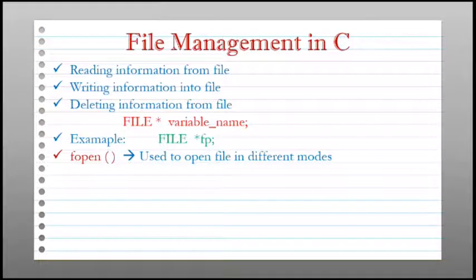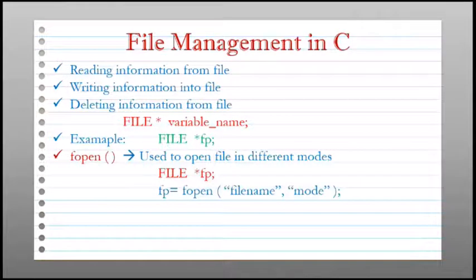This is the syntax of declaring and opening a file. Here in the first line, FILE is a data type which is in capitals, and fp is a pointer variable of type FILE. In the next line we are storing the address of the file which is opened by using the fopen function. fopen is the function name, and then the file name. You can give any file name or even the path of the file.